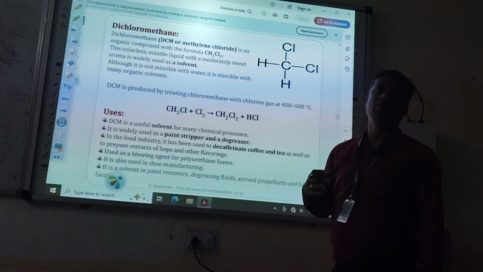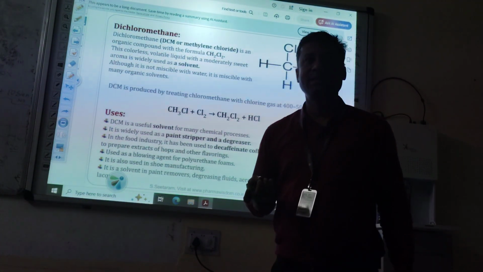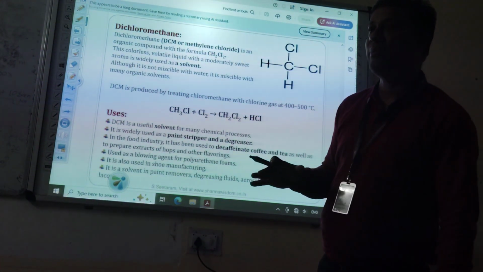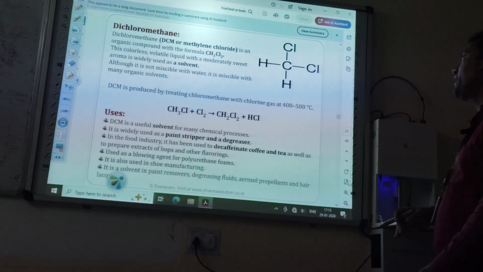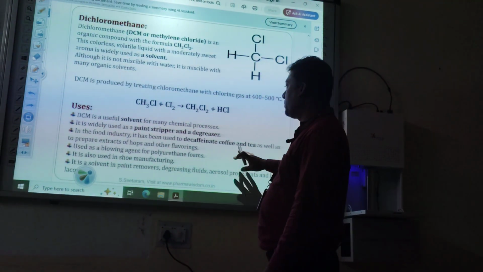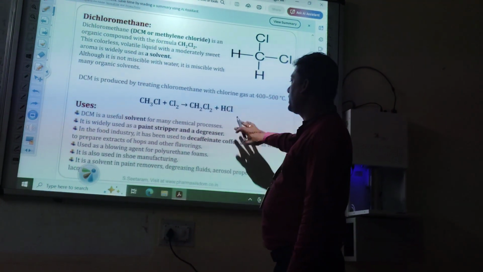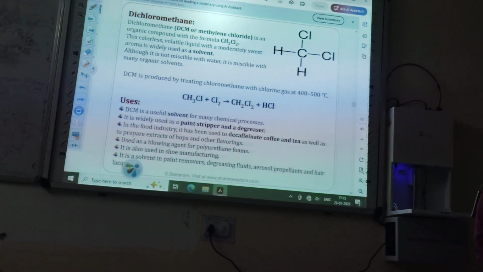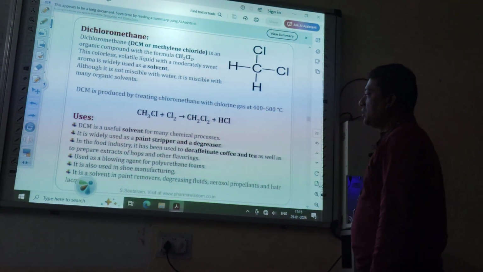Coffee and tea are originally bitter in taste. To remove the bitter property, we have to use dichloromethane. It is used as a blowing agent for polyurethane foams. Then it is also used in soap manufacturing.